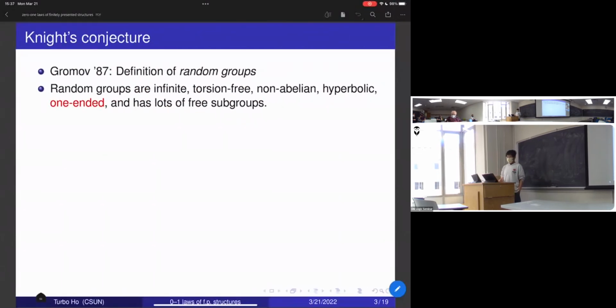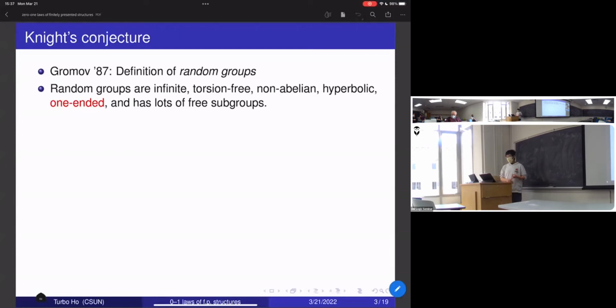But you can actually prove that, for instance, for a random group, using the previous sort of limiting probability idea, you can show that the probability of it being infinite goes to 1 if a certain parameter goes to infinity, and the probability of it being torsion-free, being non-abelian, being hyperbolic, being one-ended, and having a lot of free subgroups, these probabilities all go to 1.